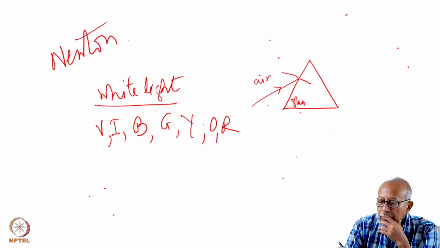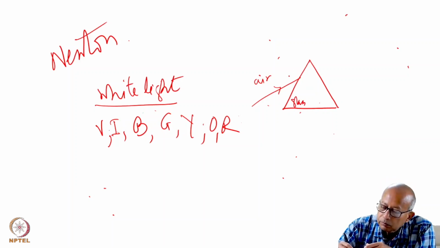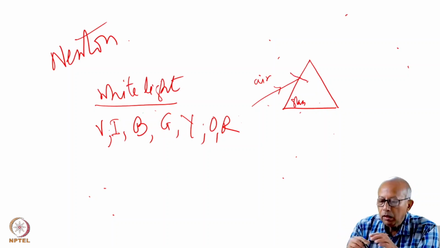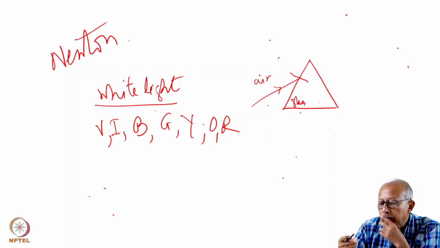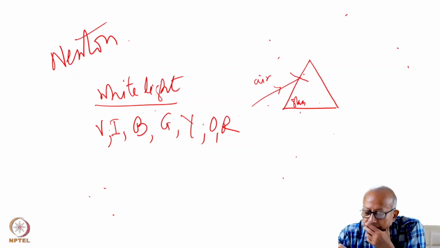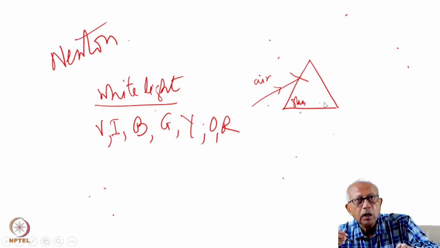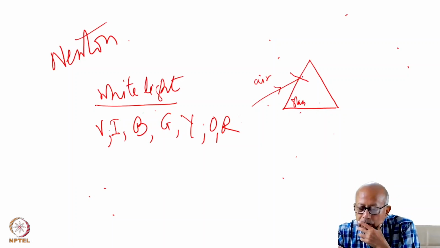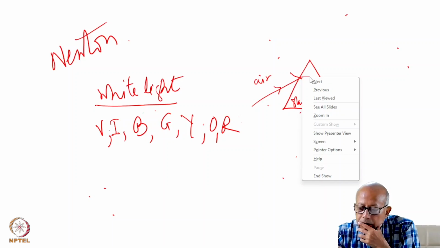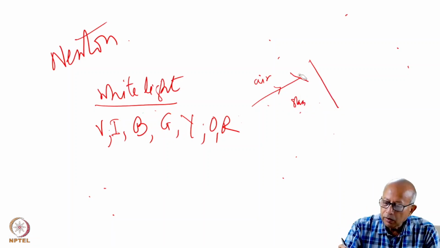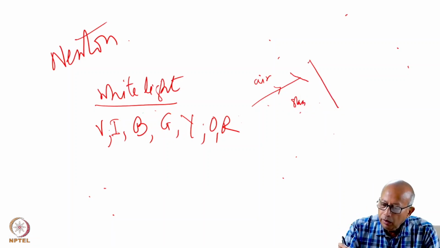So it would be refracted into the prism, but he found that after refraction, these color components actually are being refracted at different angles.